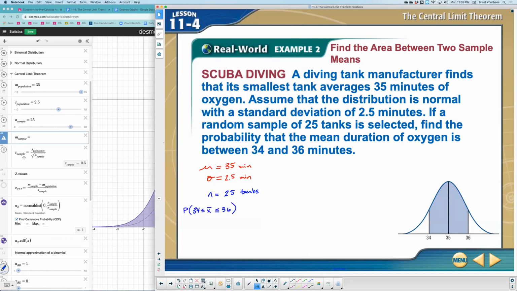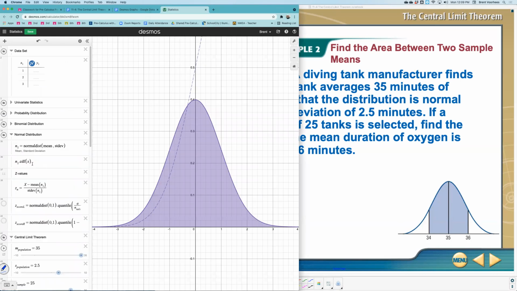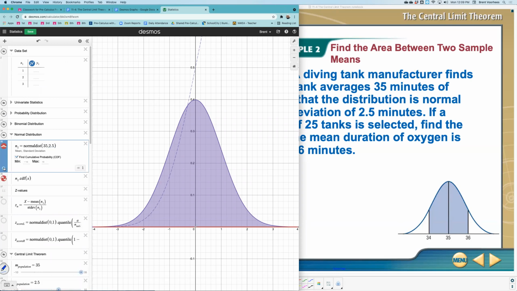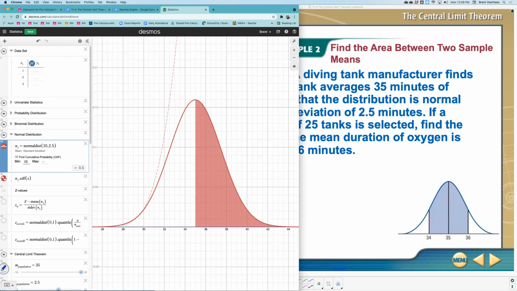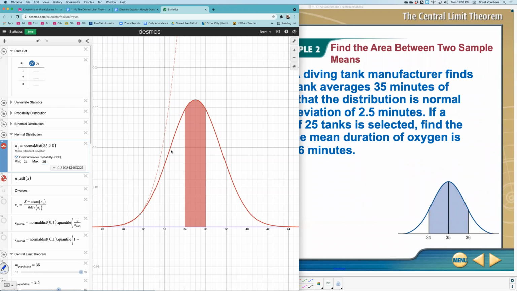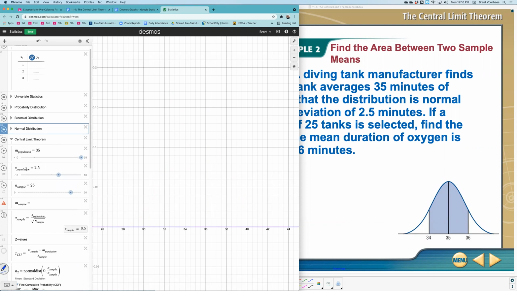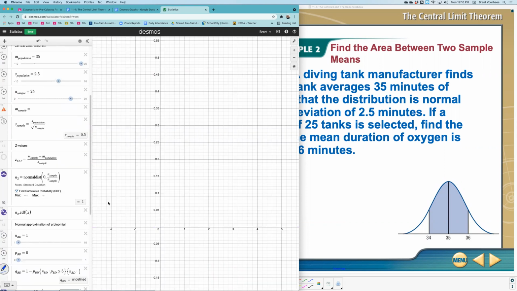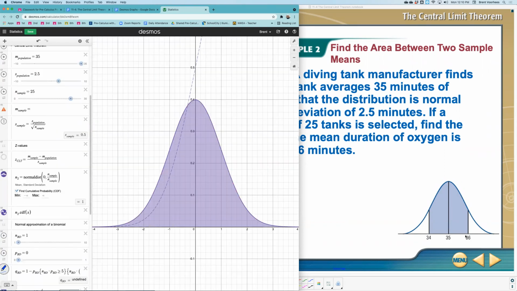So if you want to see it that way, what you'd have to do is go back up here, the normal distribution, and say, okay, our mean was 35 with a standard deviation of 2.5. And from here, we'd say, all right, what's the probability of it being between 34 and 36 minutes? Now, once again, you're looking at my curves and they're not matching, which means this must not be correct here. So I'm going to take this off again. I just wanted to show you that. All right, so we're back over here, and so our x-axis is just not going to belong with this one.